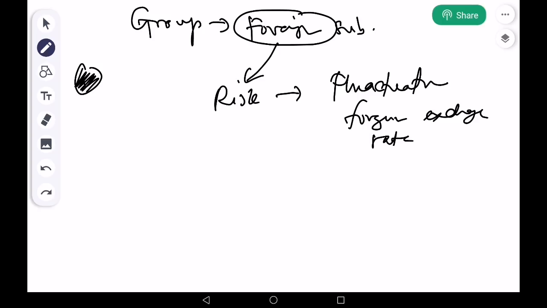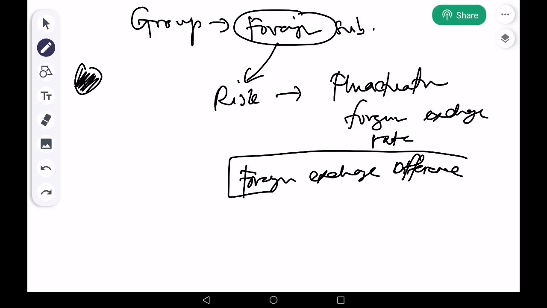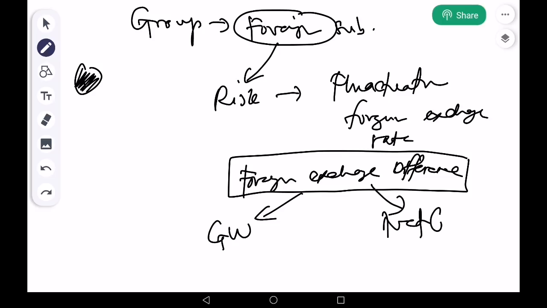Due to that, you have foreign exchange difference. Okay, so for group you got two. One foreign exchange difference arising from goodwill, another one is from your net asset of a subsidiary. So now, how do you want to find your foreign exchange difference?